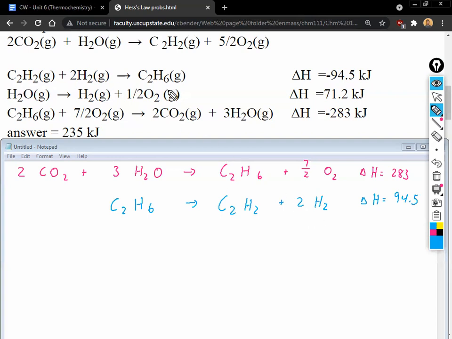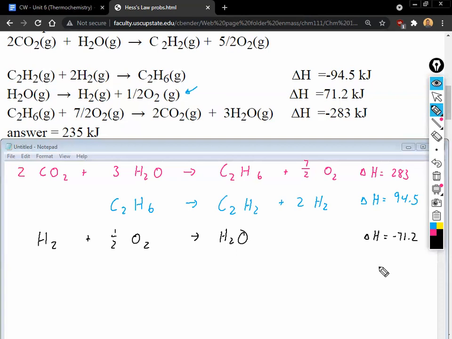Luckily for us, in the equation we haven't used yet, H2 is on the right side. You guys see that? So we're going to take that equation and flip it so that we can get H2 on the left side. Then we'll have 1/2 O2, and then we'll have H2O, and then we will have delta H. Since we flipped it, we have to turn it negative 71.2.